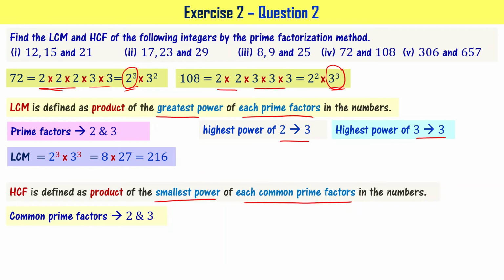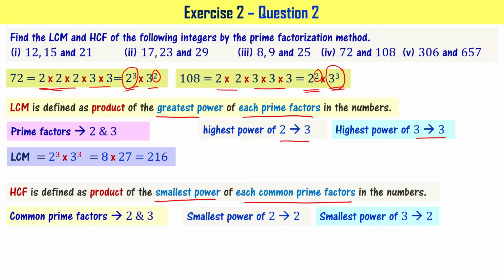For example, here 2 square, 2 is the smallest power, and in the case of 3, 2 is the smallest power here, right? That's why let's take product of those two numbers, that is 2 square times 3 square, right? That is 4 times 9, that is equal to 36. HCF of given numbers 72 and 108 is 36.